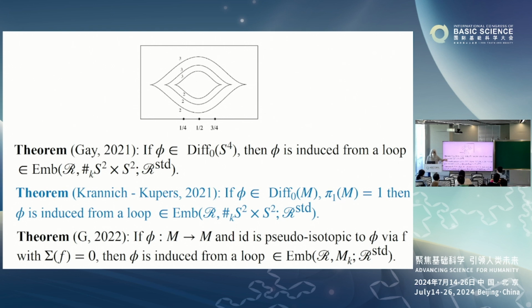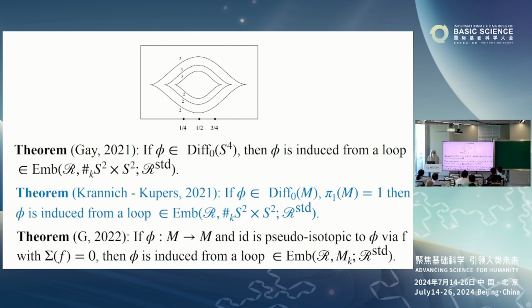Before I do that, let me mention two other related theorems. One is that if you have a diffeomorphism of S4 homotopic to the identity, then somehow it comes from a loop of red spheres. And Crouch and Cooper generalized this to simply connected.